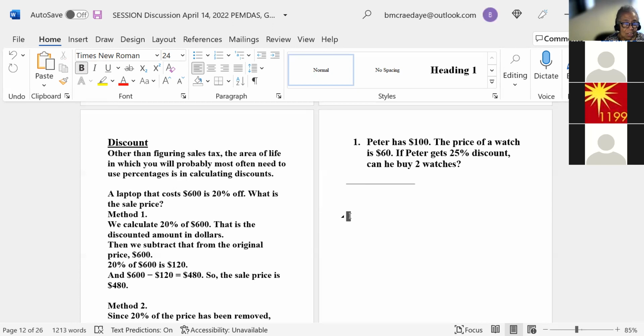This is mental math, actually. Because remember now, 25% is what fraction? 1/4. So it's easier to work with that 1/4, right? So 1/4 you can use for your discount. So what's 1/4 of 60? 25% is 1/4.